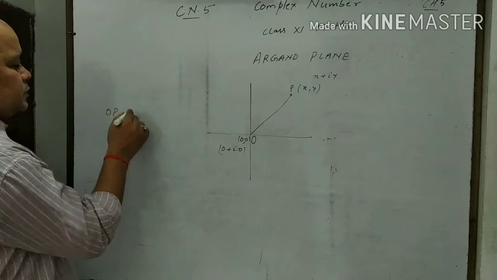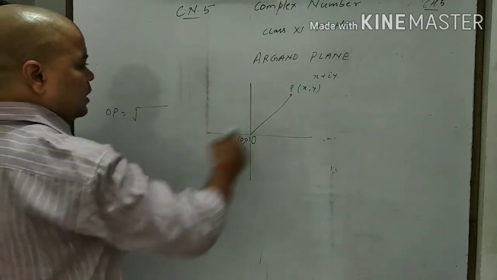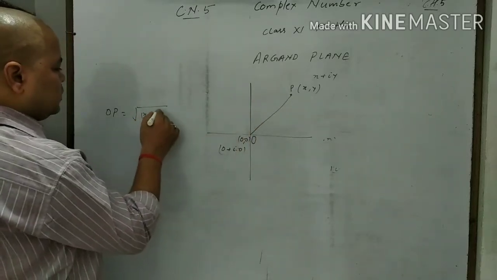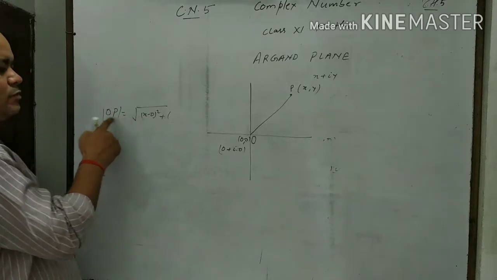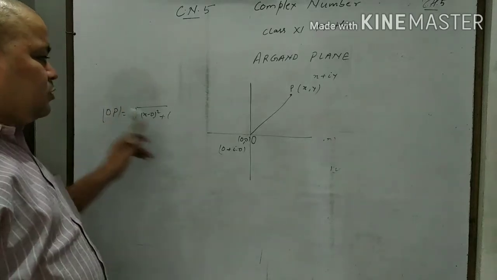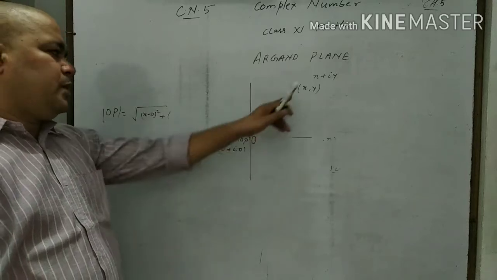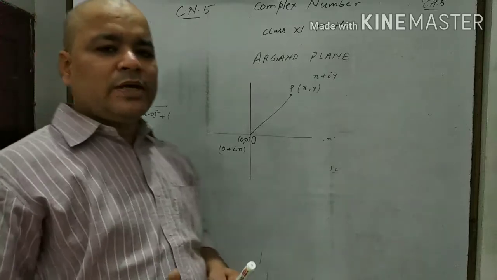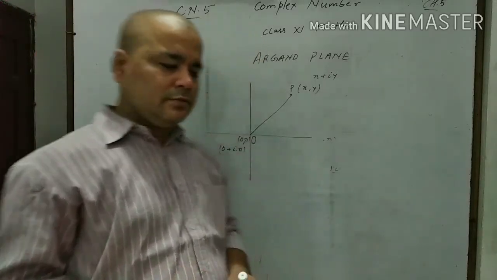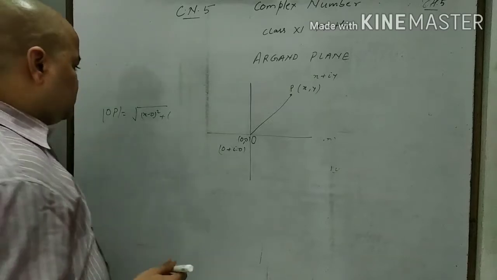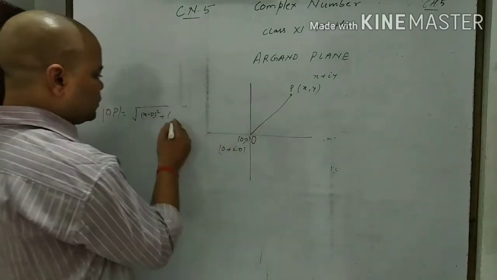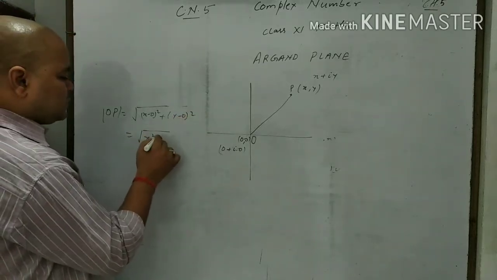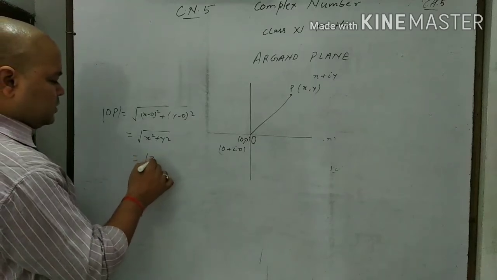OP is what? Under root, (x2 minus x1) whole square, meaning (x minus 0) whole square, plus (y2 minus y1) whole square, meaning (y minus 0) whole square. We always take positive because distance is always positive. This is equal to under root x square plus y square, which is equal to modulus z.